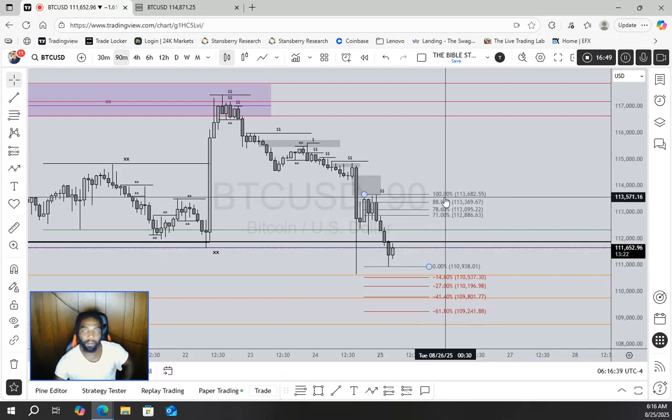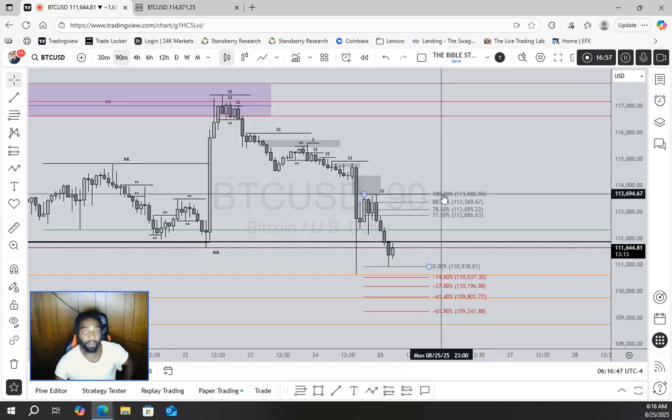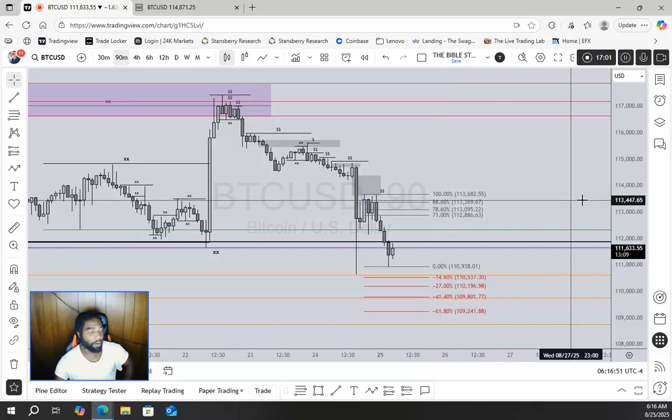Where is the money? Liquidity pushes the market. Like I told you before, a lot of people say fear and greed, but liquidity is what pushes the market. And when you learn and really understand how to follow liquidity with the market, it's like you're just reading money. You're reading order flow. This is how you read money.